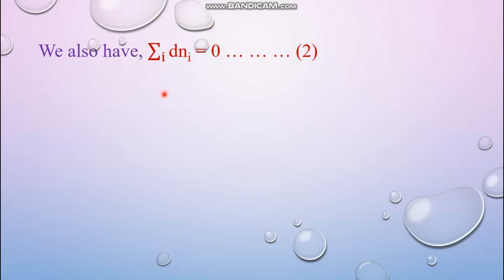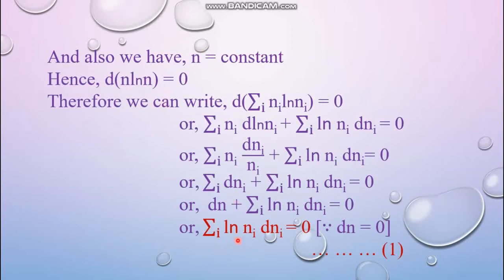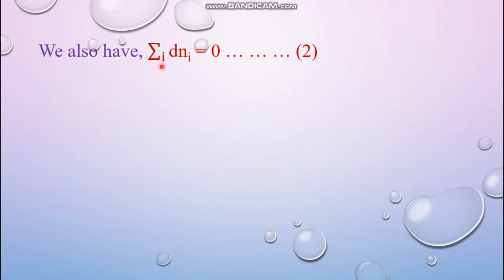And this way we are going to have another equation number 3, and with the help of these equations we would derive the Boltzmann distribution law. So equation 1, I repeat, is sum over i of ln n_i d n_i equals 0, and equation 2 is sum over i of d n_i equals 0.